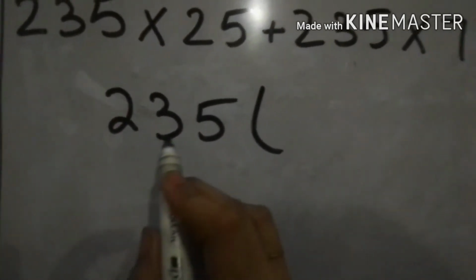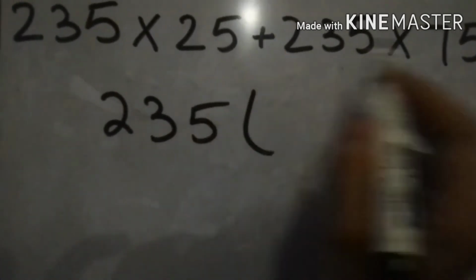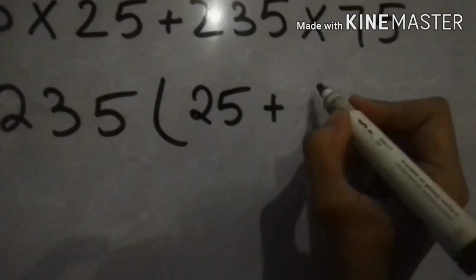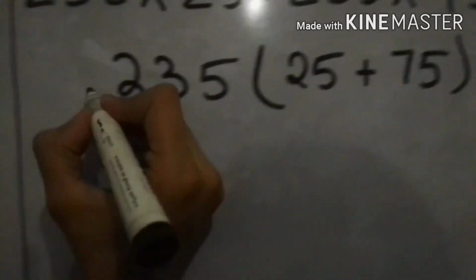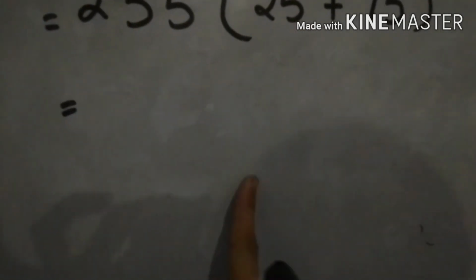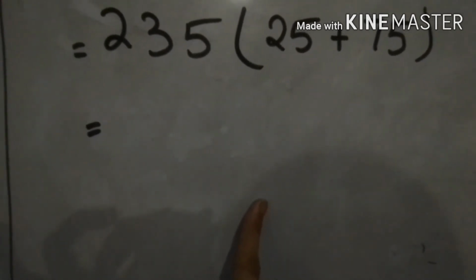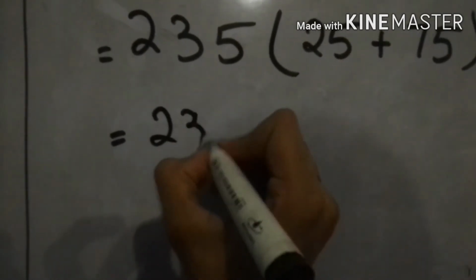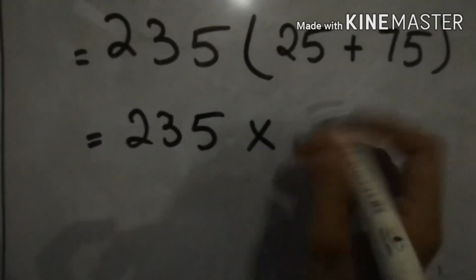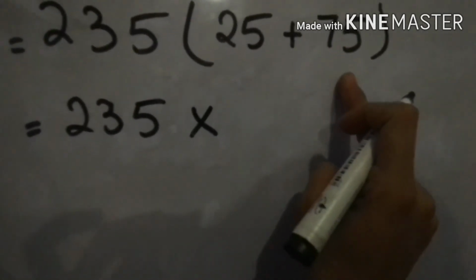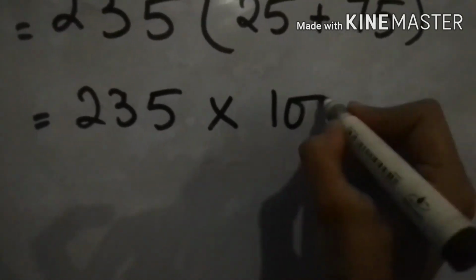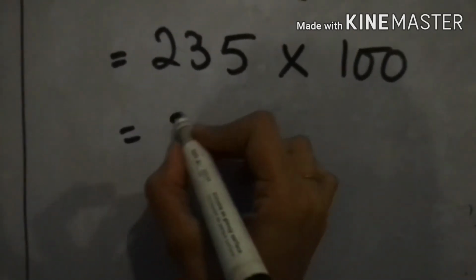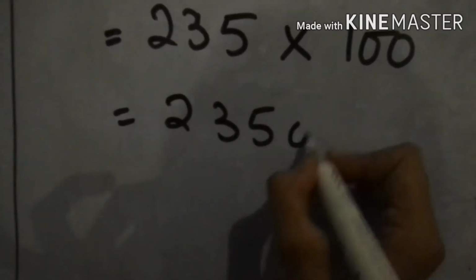So, the left elements are 25 plus 75. Now, I will solve this question. 235 multiplied by 25 plus 75 is equal to 100 and 235 multiplied by 100 is equal to 23500.